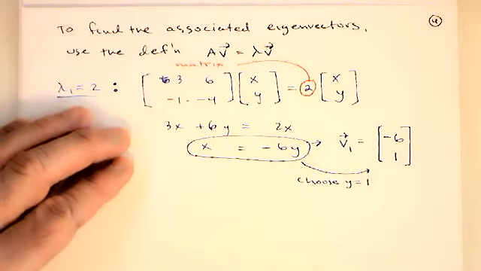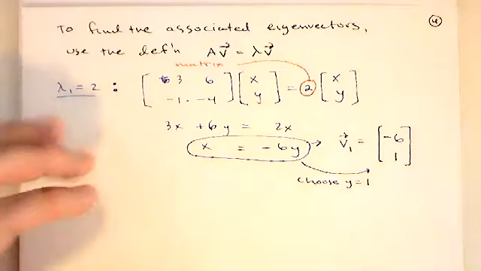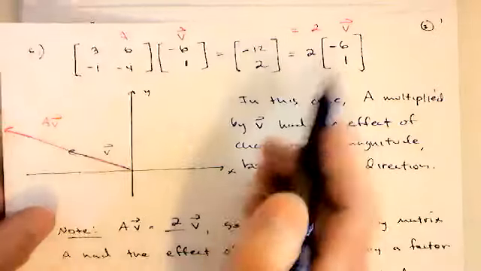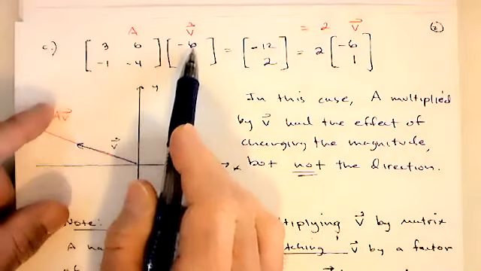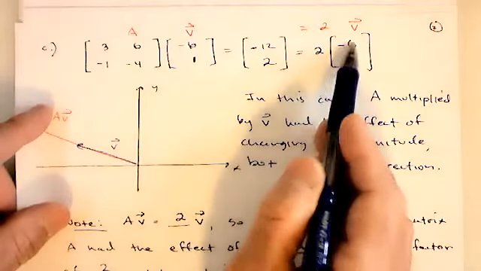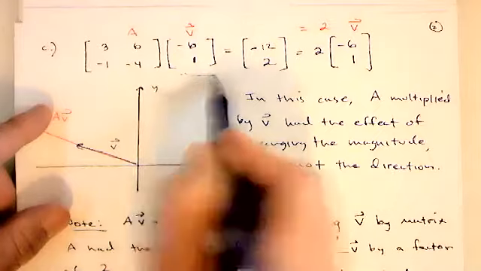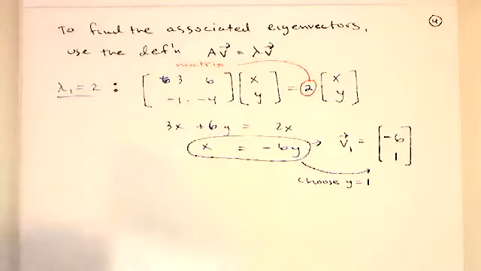And if you go back, that's exactly what we saw, right? I'm going back to page 2 again. When I multiplied that matrix by -6, 1, I ended up getting 2 times -6, 1. So that is my eigenvector. That's my eigenvalue. And that's exactly what I got here.